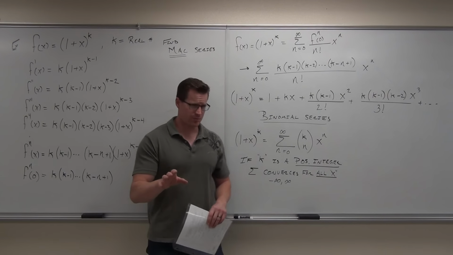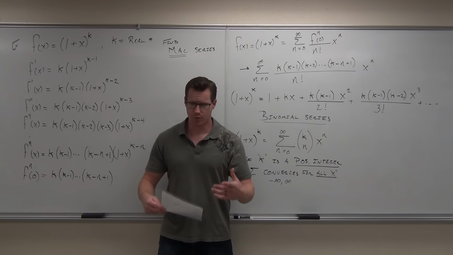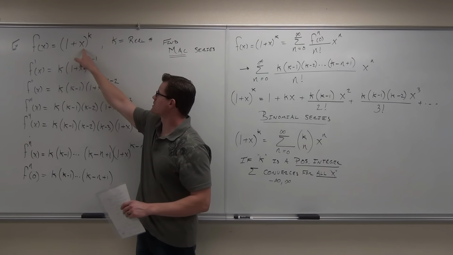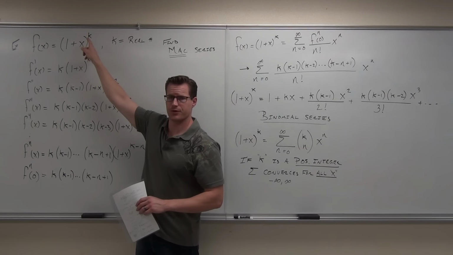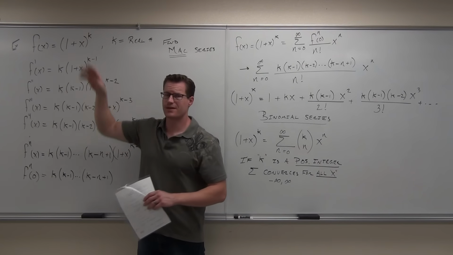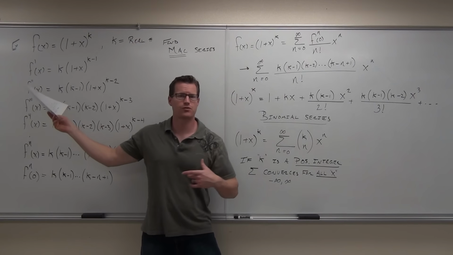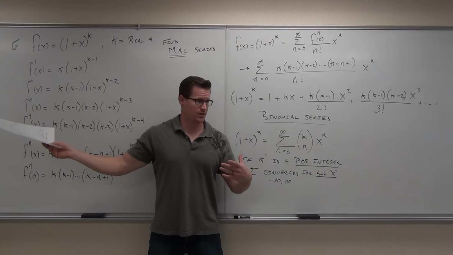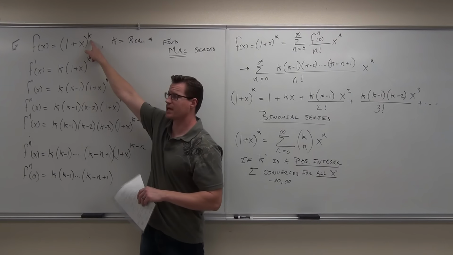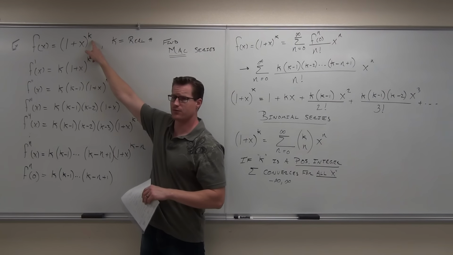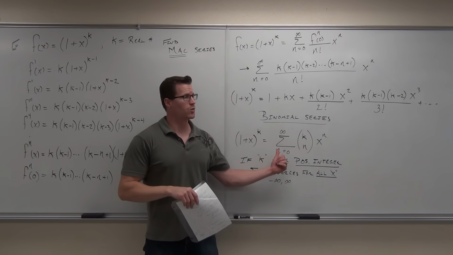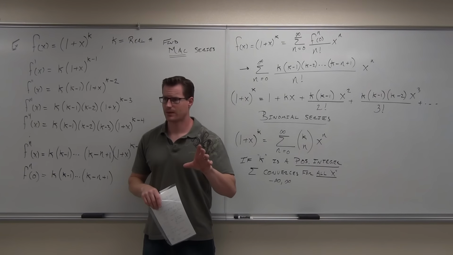Let me put this in other words. Let's say your function was 1 plus x to the third. Is 3 a positive integer? Yeah. Then this series is going to represent this function for any x that you put in. Does that make sense? If k was now -4, is this series going to represent that for any x? No, but it will represent it for a different set of numbers.